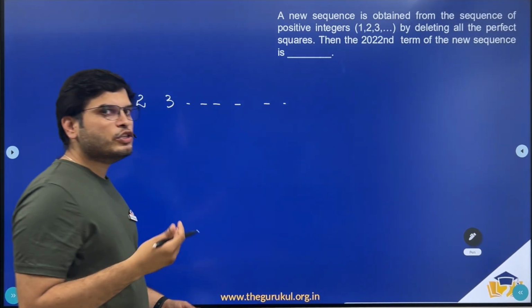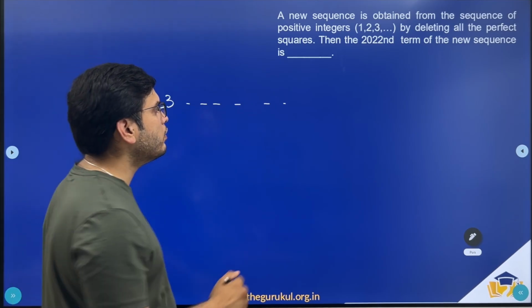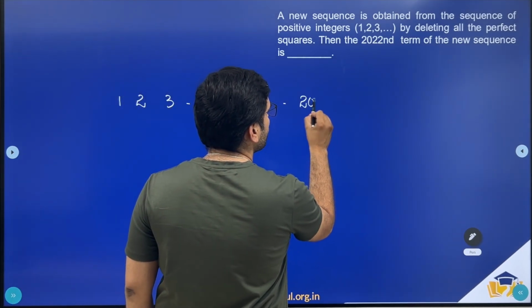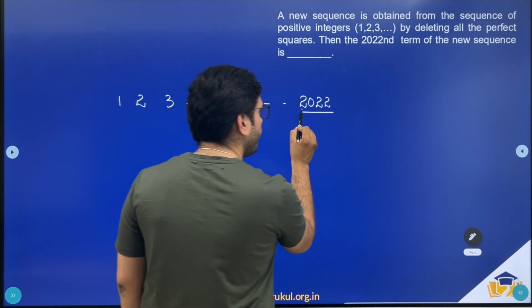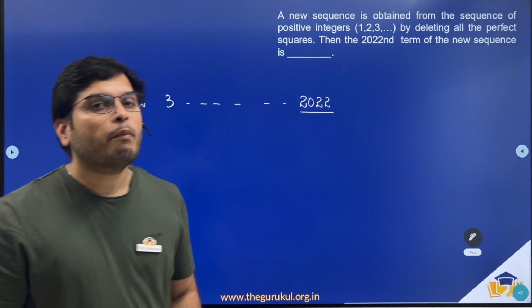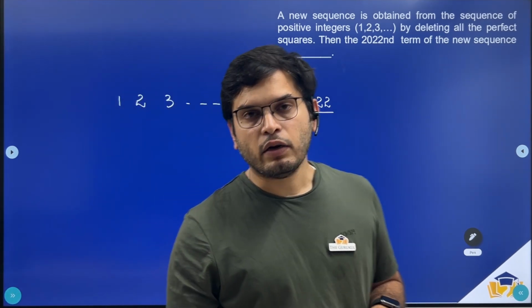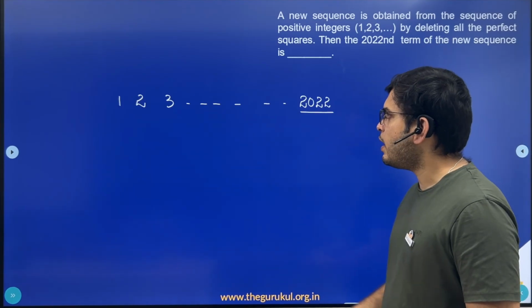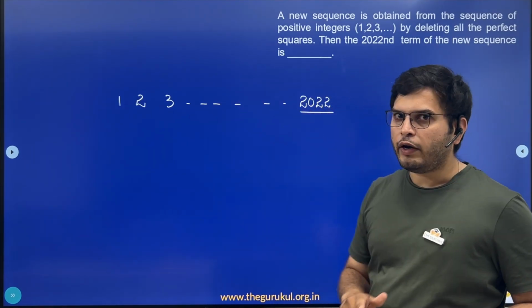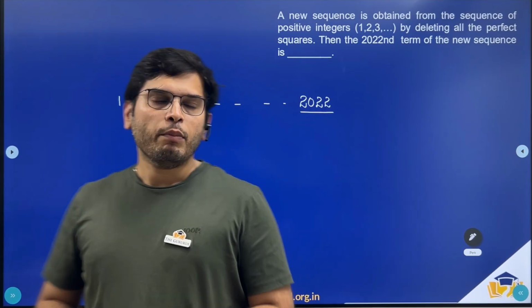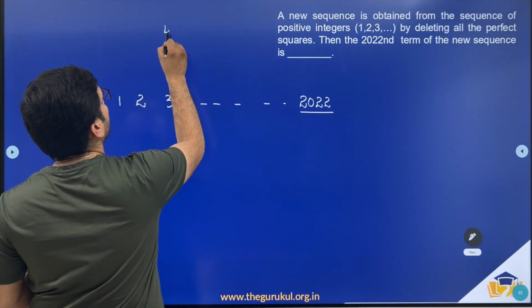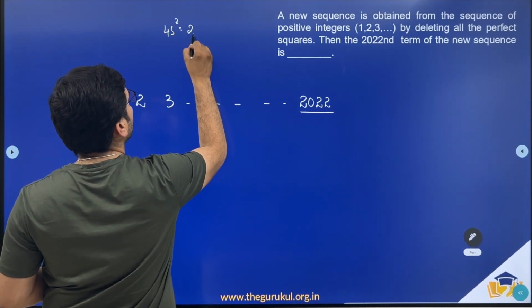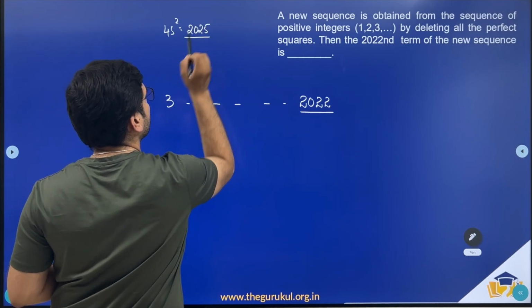Now if I assume that no number is being deleted, then 2022 should be the 2022nd term, but what are deleted? Perfect squares, right? So how many perfect squares are there from 1 to 2022? We have 44 perfect squares, because 45 square is equal to 2025.